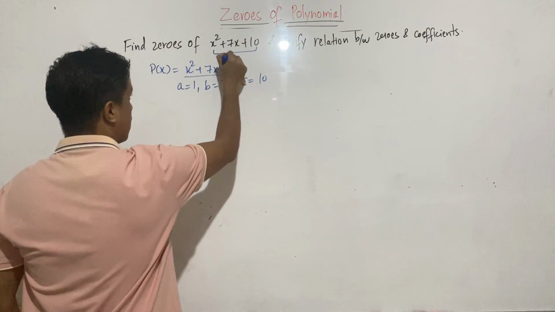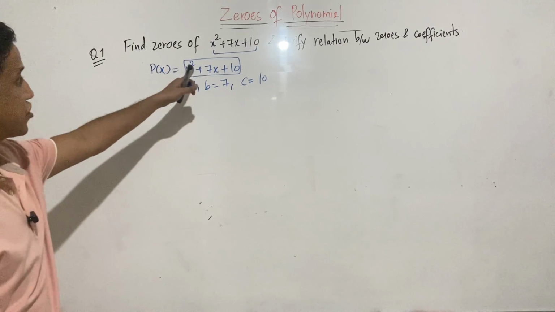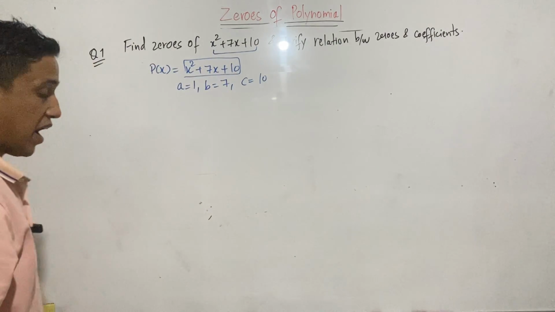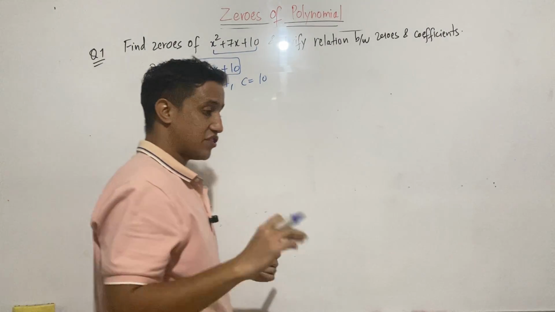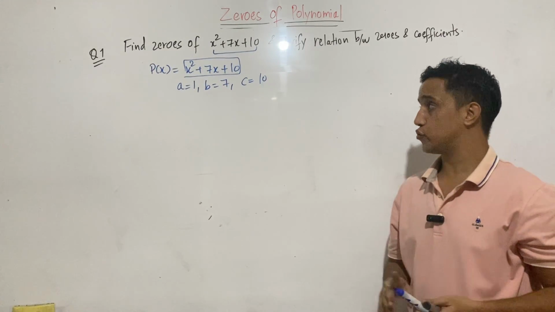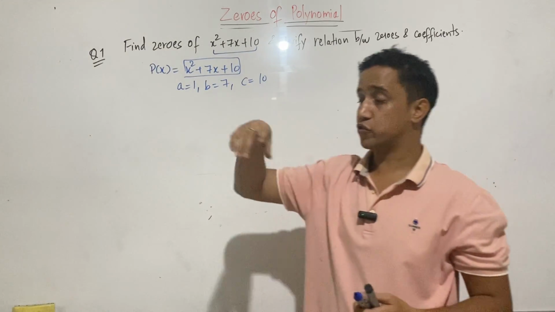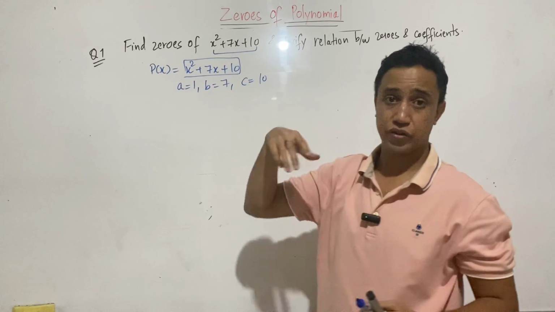Now this x squared plus 7x plus 10, if I have to find the zeros of this polynomial, what I need to do is check for those values of x which make this whole function 0, right?